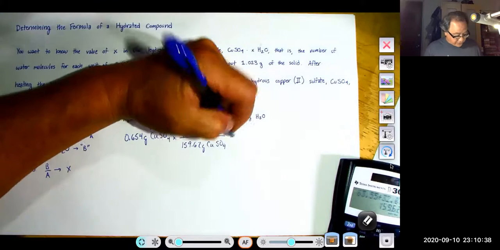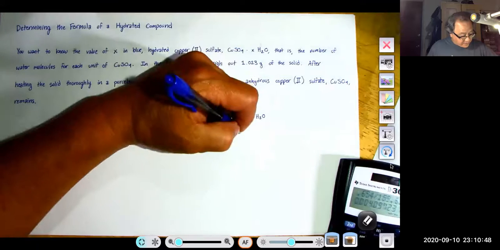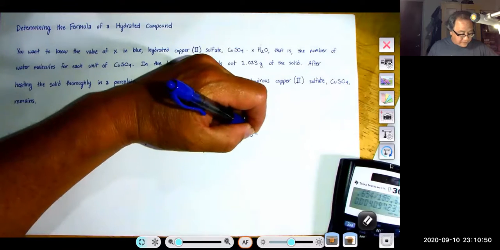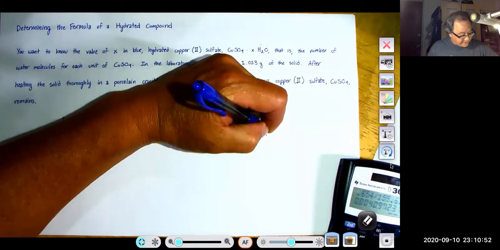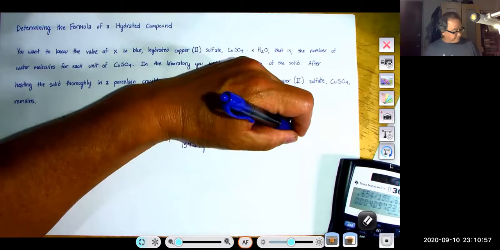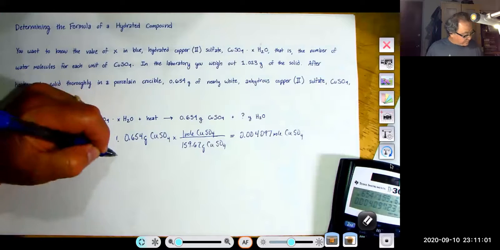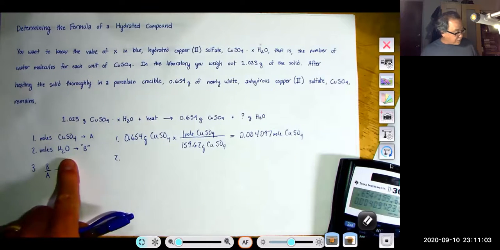Okay, so we take our 0.654 divided by the 159.62, and we get 0.004097 mole of copper 2 sulfate. So that's 1. 2, how do we get the moles of H2O?